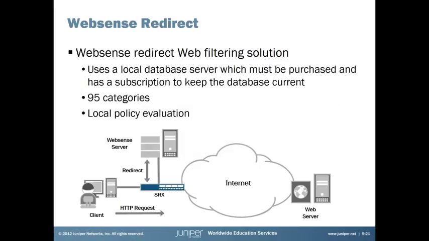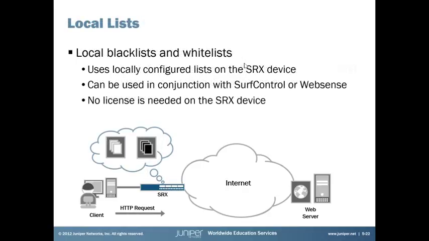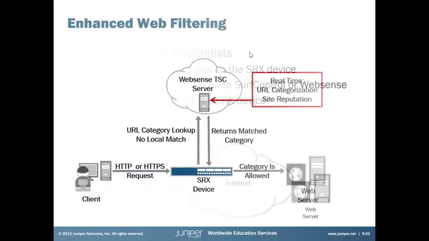Websense Redirect uses a local database server which must be purchased and has a subscription to keep the database current, so you can set up your own local server. It's got 95 categories. And local lists, these are just blacklists and whitelists, which we've talked about before.